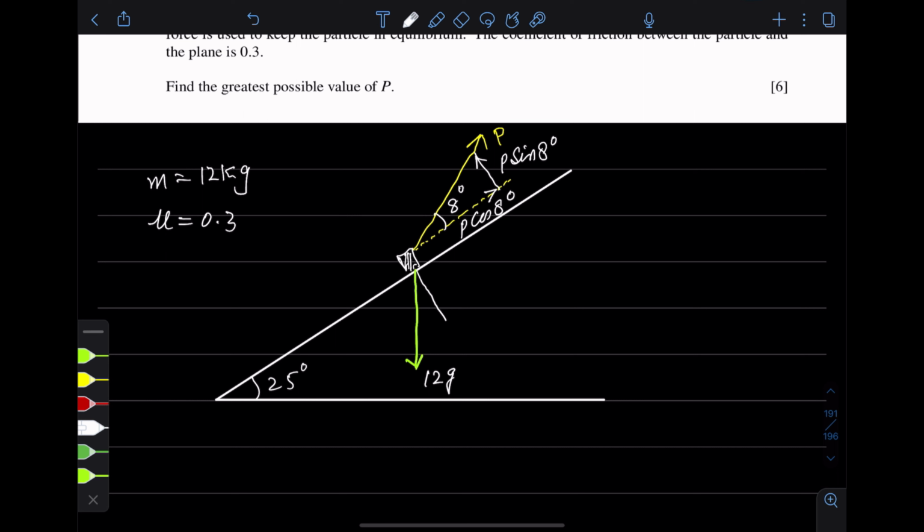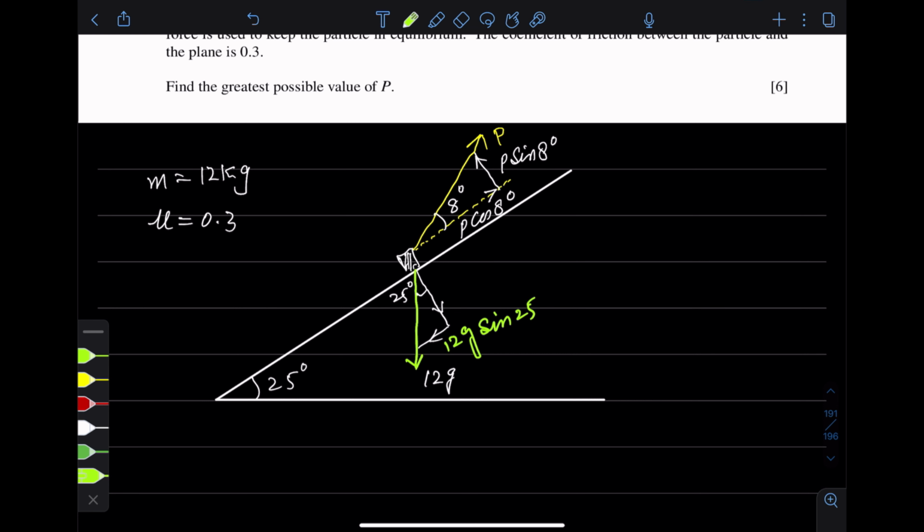This component is perpendicular to the plane, and this component is along the plane. This angle will be the same as this angle, 25 degrees. So this component along the plane is 12 g sin 25 degrees.